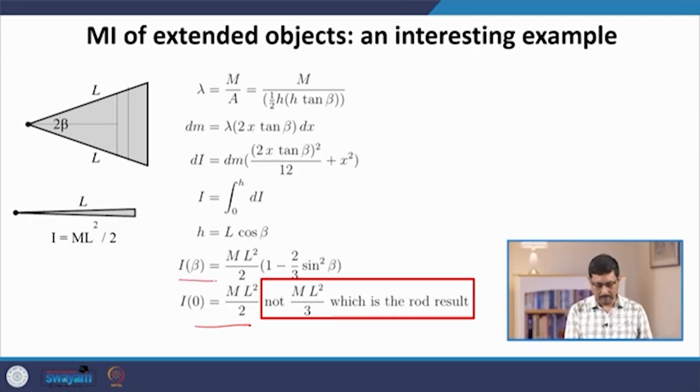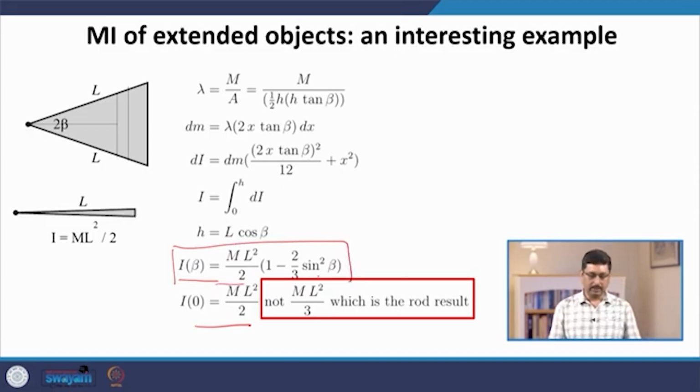The final result is the following. Obviously this moment of inertia depends on the angle beta. It is intuitively obvious, because beta determines the spread of the mass about this pivot point. If you change beta, you expect that the moment of inertia will change.